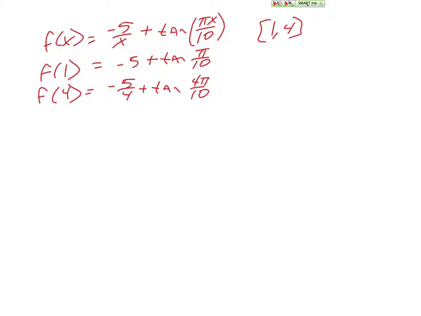Why are we finding those? Because if I'm going to prove there's a 0, I have to look at the y values of my inputs. So that's the first thing I need to do. So negative 5 plus tangent of pi divided by 10.